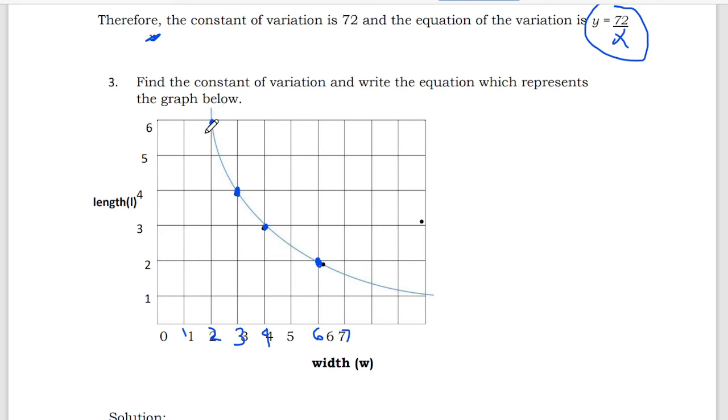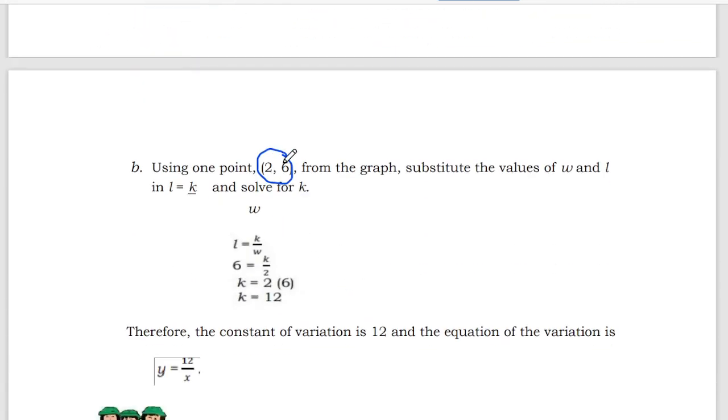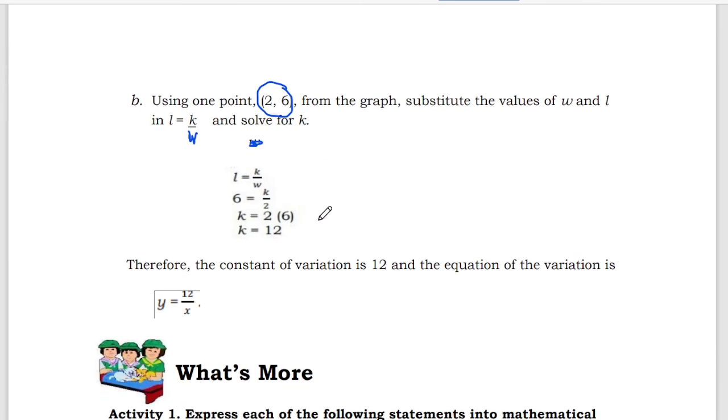So, using the point 2, 6 from the graph, substitute the values of W and L in the equation L equals K over W and solve for K. Based on the equation, your length is 6, your width is 2.